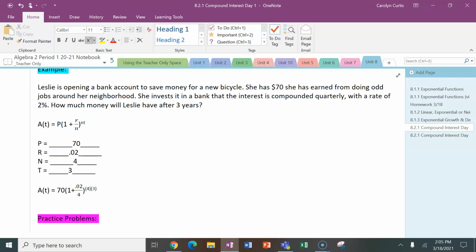Make sure you use parentheses to indicate that N and T are going to be multiplied, because if you just write NT as 43, you're going to think that it's being raised to the 43rd power, and it's not. So that's all we're doing today, finding out what the pieces are from the problem and plugging them into our equation. Tomorrow we will look at solving these equations with a calculator.